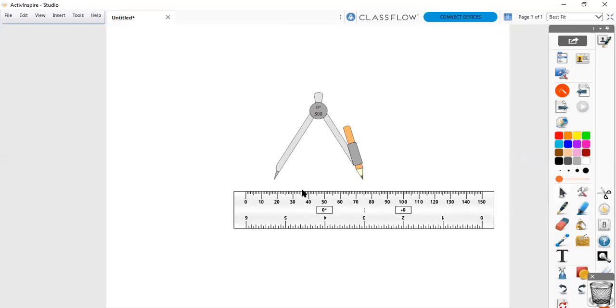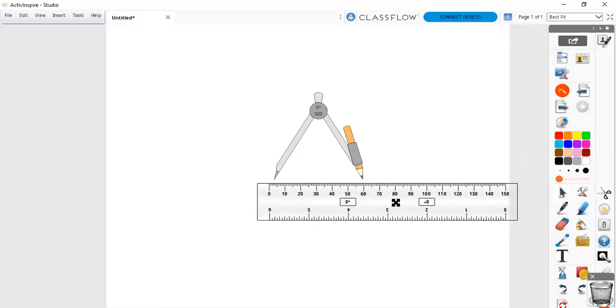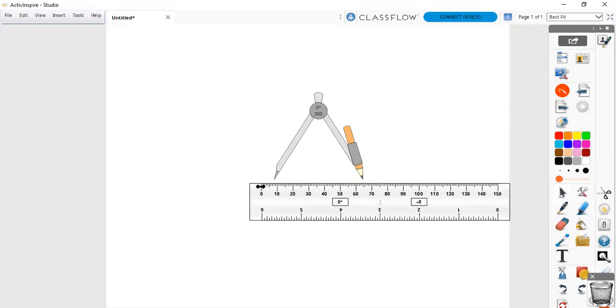You have to use this kind of ruler first, where you set 0 as the center of this protector like this, and use it in such a way that the radius is equal to 40 mm, as you can see. This is what I have considered as one radius, 40 mm.